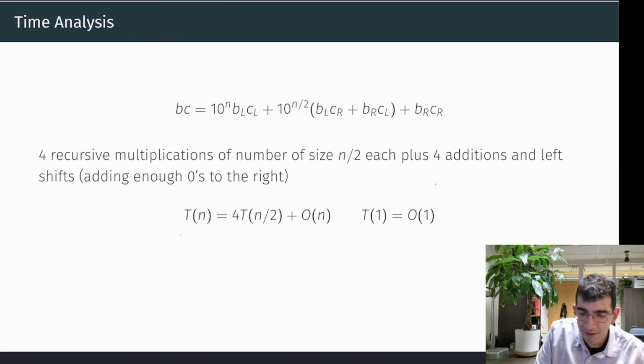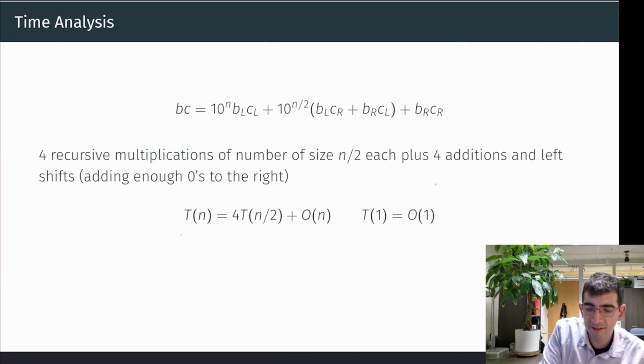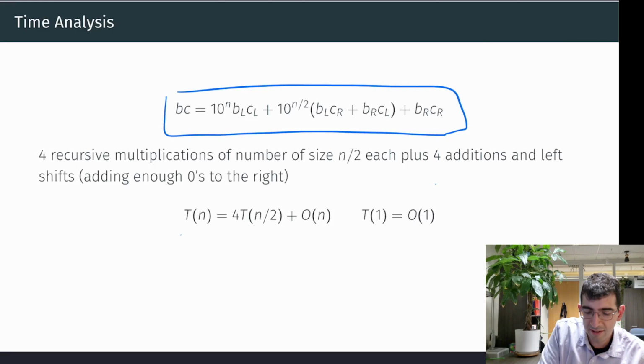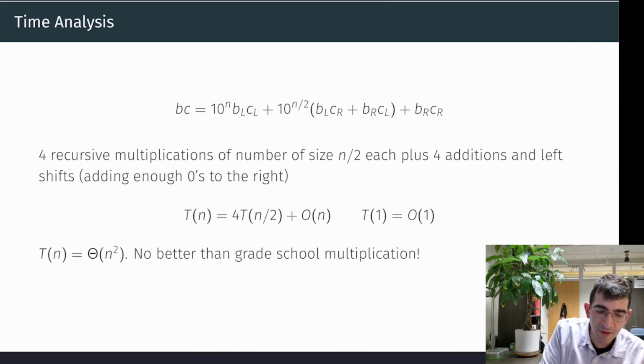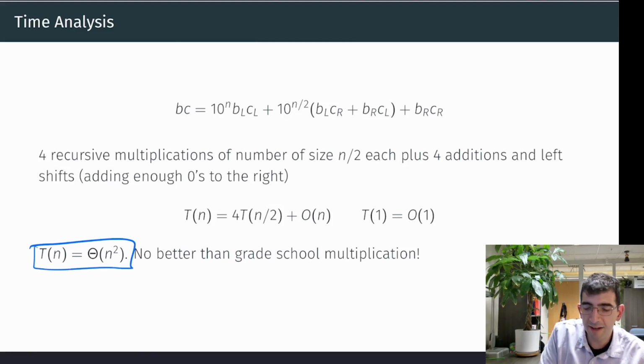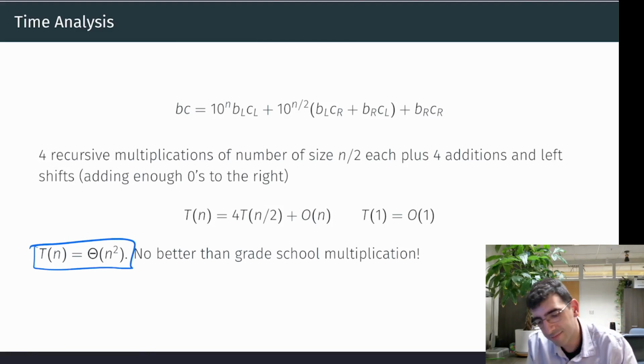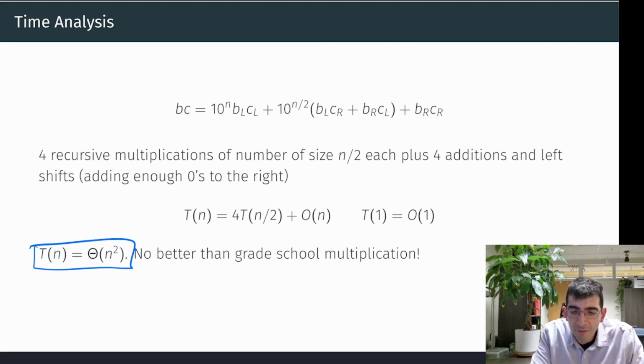Okay, so the recurrence for this divide and conquer approach looks like so. And actually, if we work it out, the recurrence is O, or even, there's a lower bound, theta of n squared. So this divide and conquer approach doesn't really help us, because we still have 4 recursive multiplication calls, which isn't ideal.